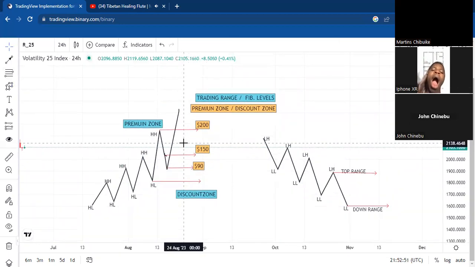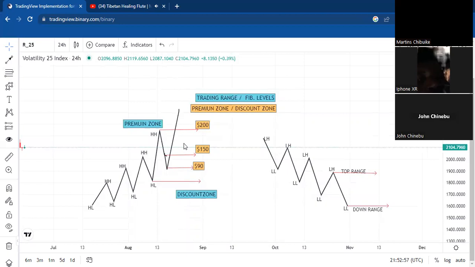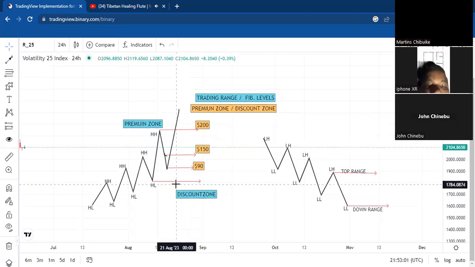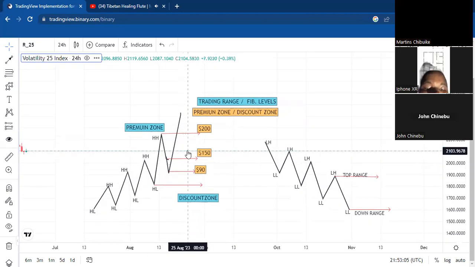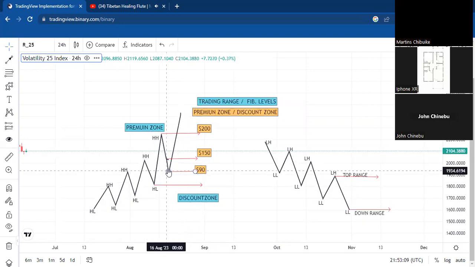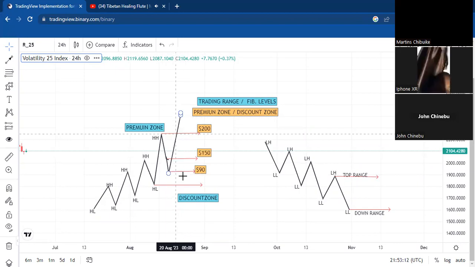The higher high, higher low is simply buying and selling. That's the concept of the premium zone and the discount zone. You always want to buy when the market is low.